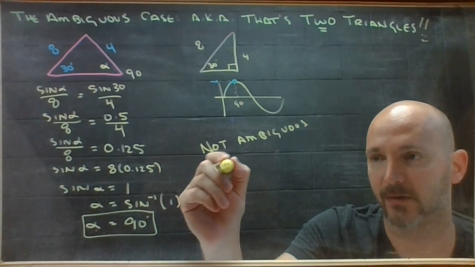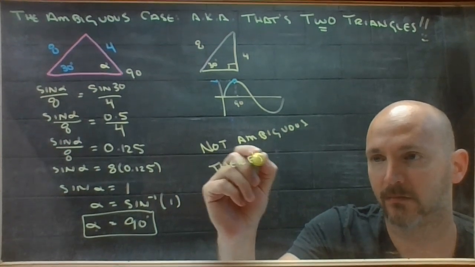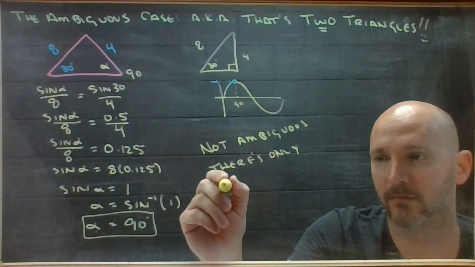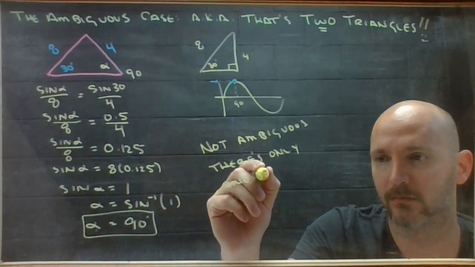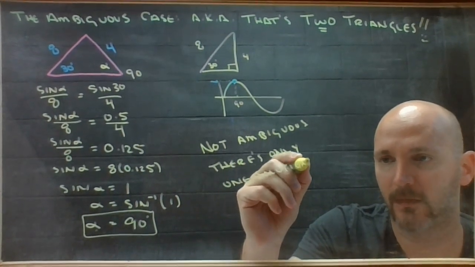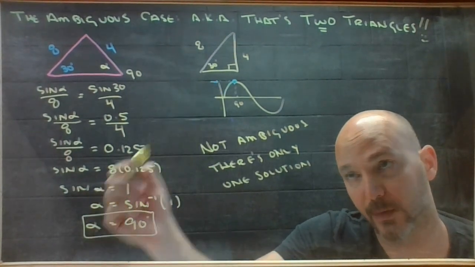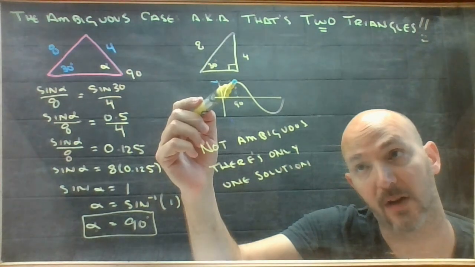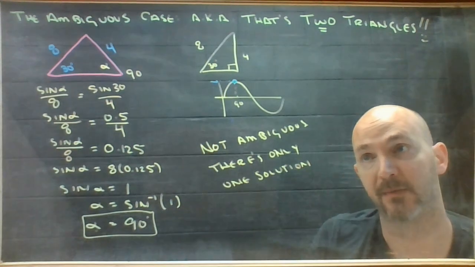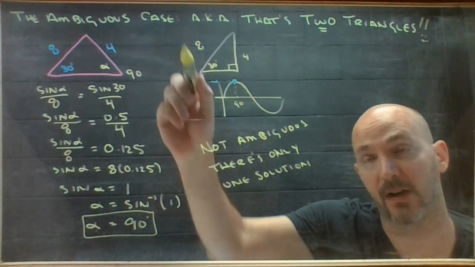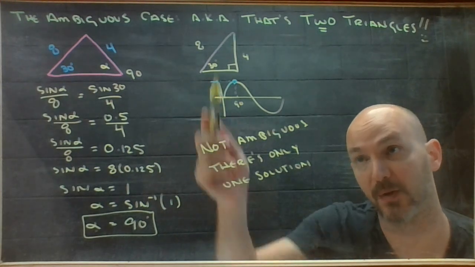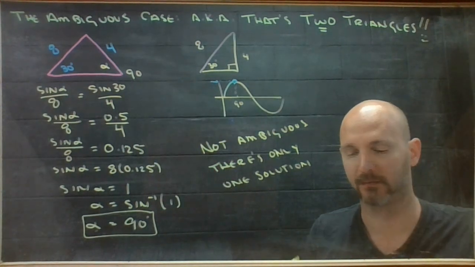There's only one solution. And you can see that because scrolling across at a y value of 1, you only cross the curve in one place. So this is the only triangle that's possible with those particular numbers.